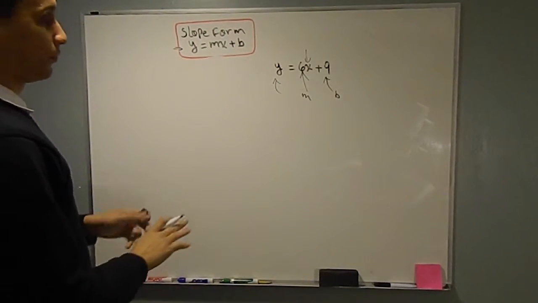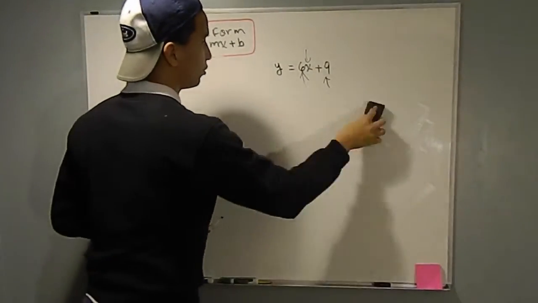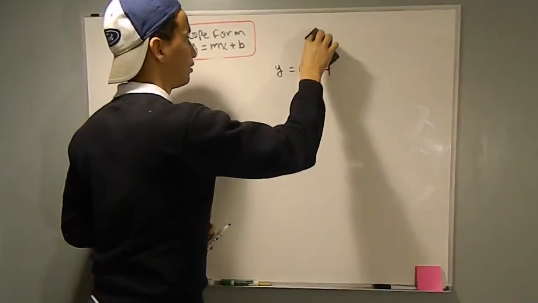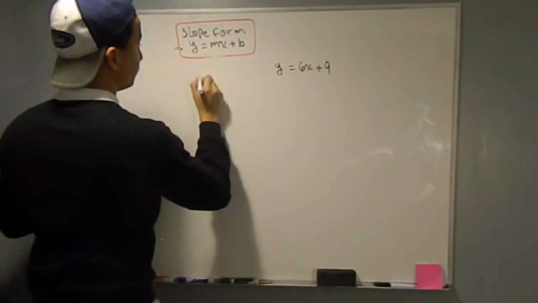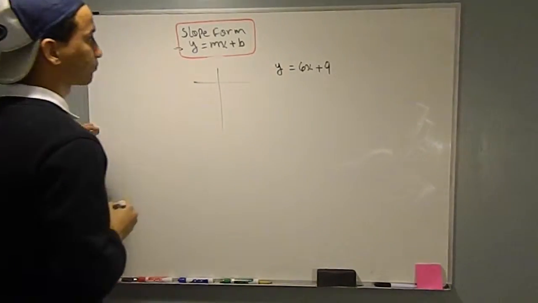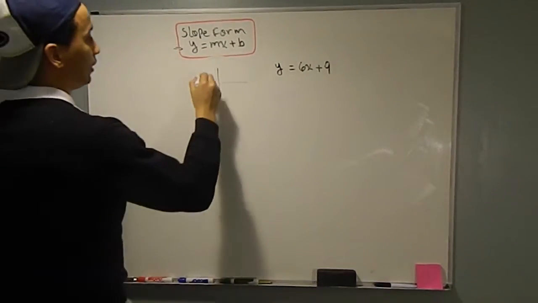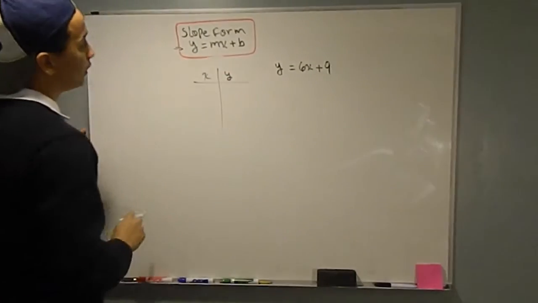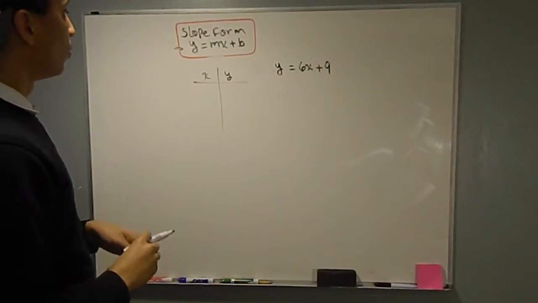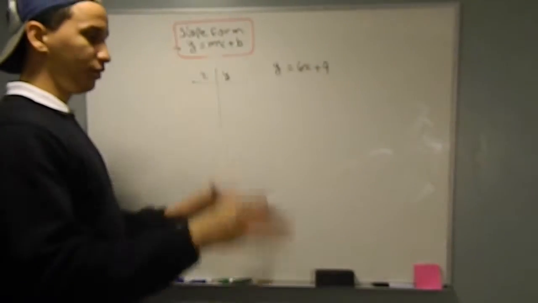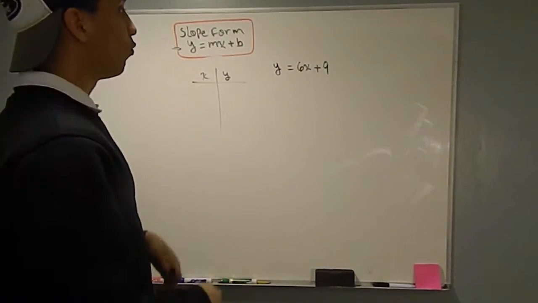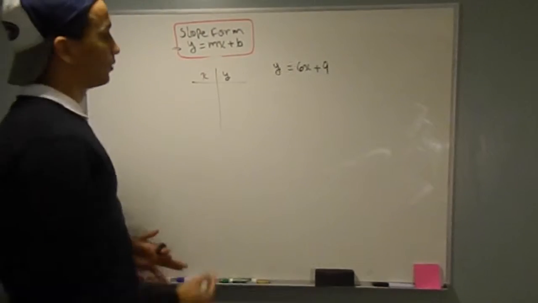So what we pretty much have to do is just take those values, or actually the whole equation, and make our table, x and y, and ask ourselves, when x is whatever number you want, what is going to be y?